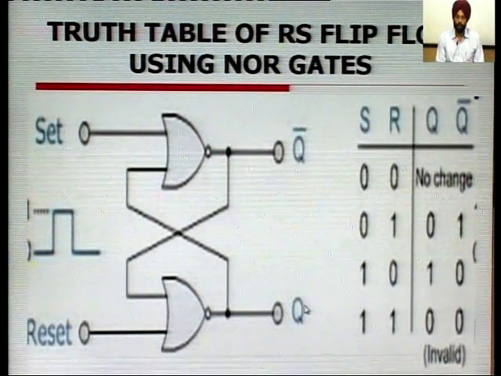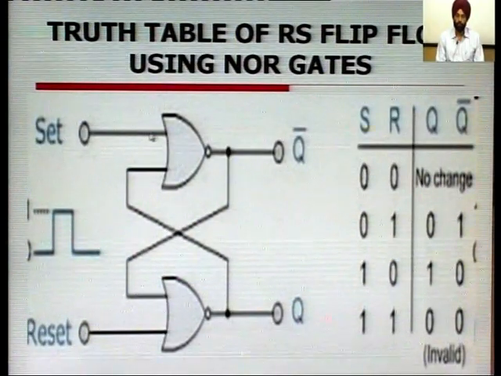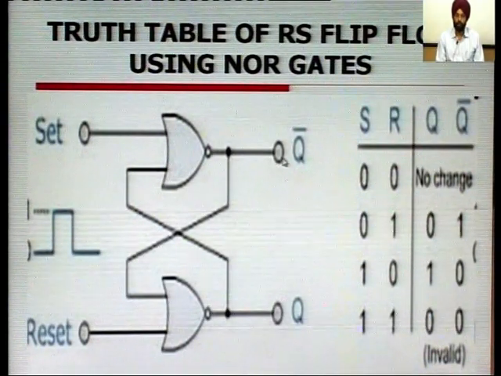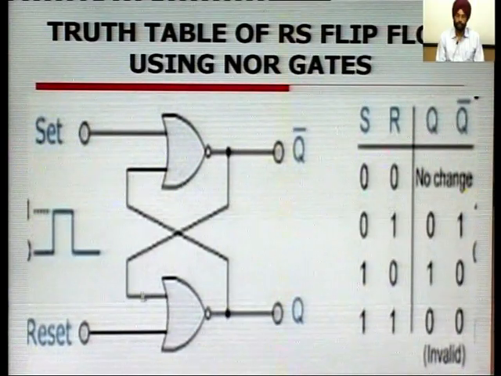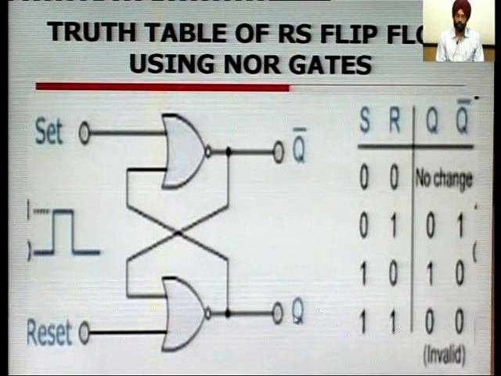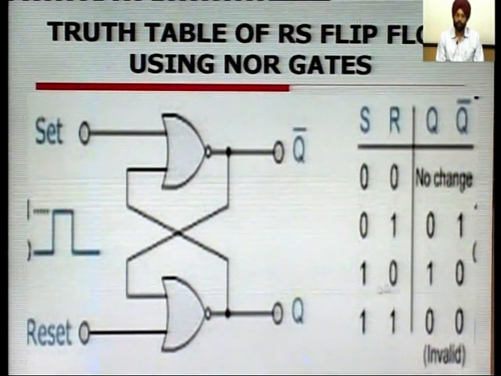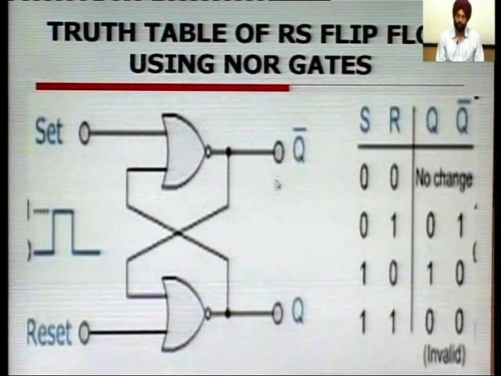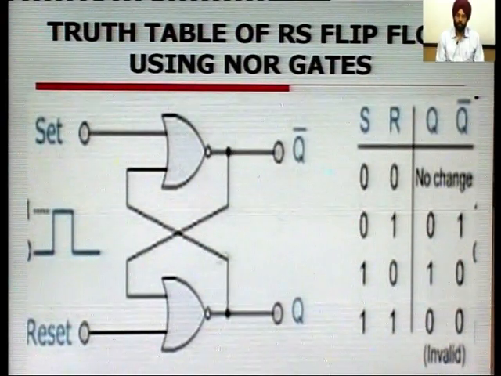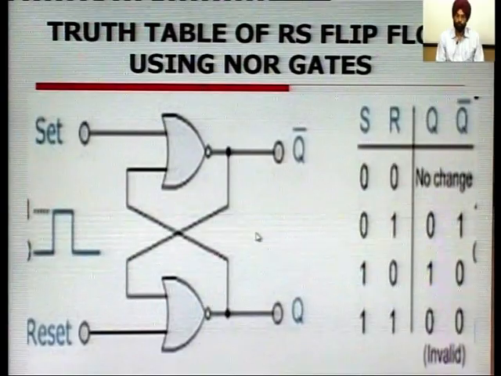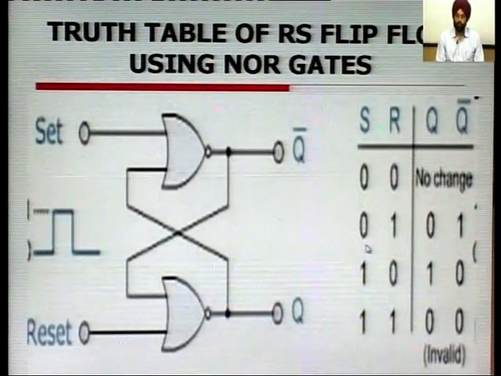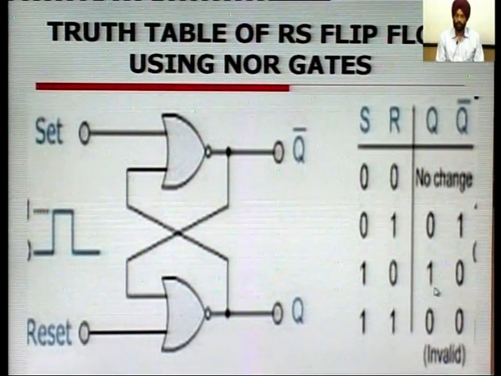Because if it is already set, then Q is equal to 1, both inputs 1 at the input of this NOR gate will shift this as 0, and both inputs 0 at the inputs of this NOR gate will shift this output as 1. So, it will be set irrespective of the last state. If it is previously in the reset state, that is Q bar is equal to 1, this will again shift this flip flop into the set state. So, by applying S input 1, it will go into the set state, that is Q is equal to 1.